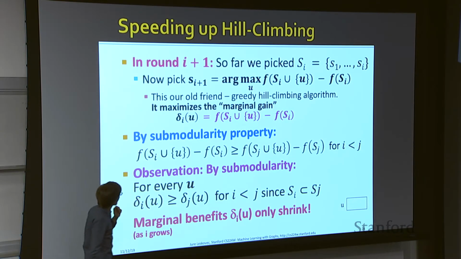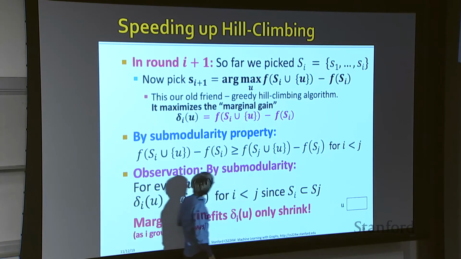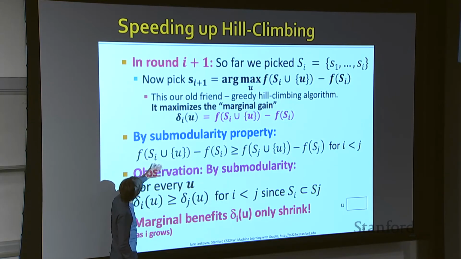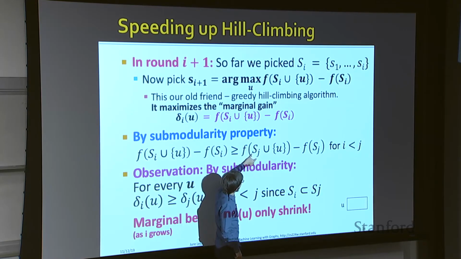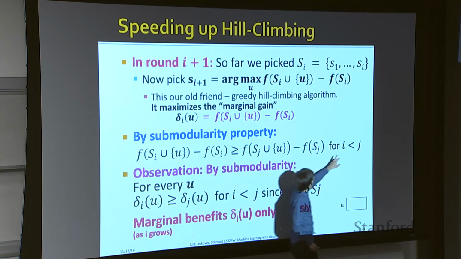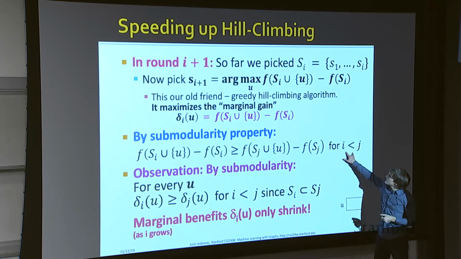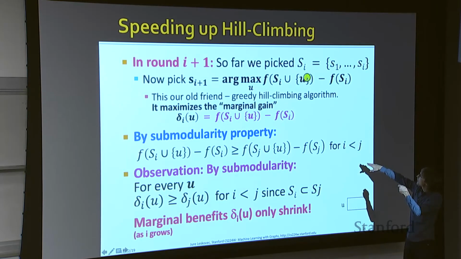Now, what is the fact? Because of the submodularity property, the following statement is true. What does this statement say? It says that the marginal benefit of u when I add it to S sub i is bigger than the marginal benefit of u when I add it to S sub j, when i is less than j. Why is this the case? This is the case because S sub i is a subset of S sub j.